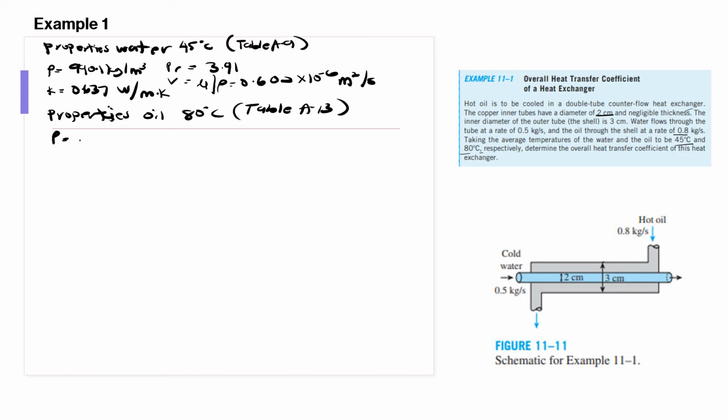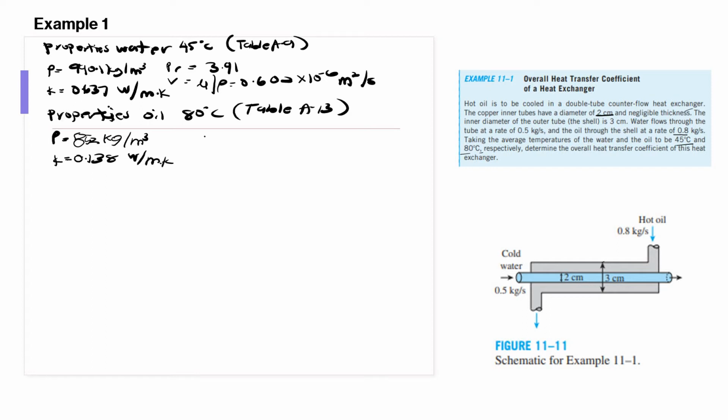The density of the oil is 852 kg per m cube. The conductivity is around 0.138.